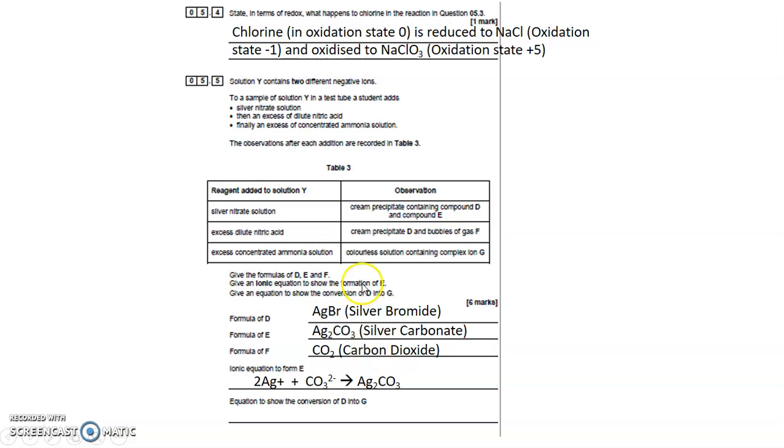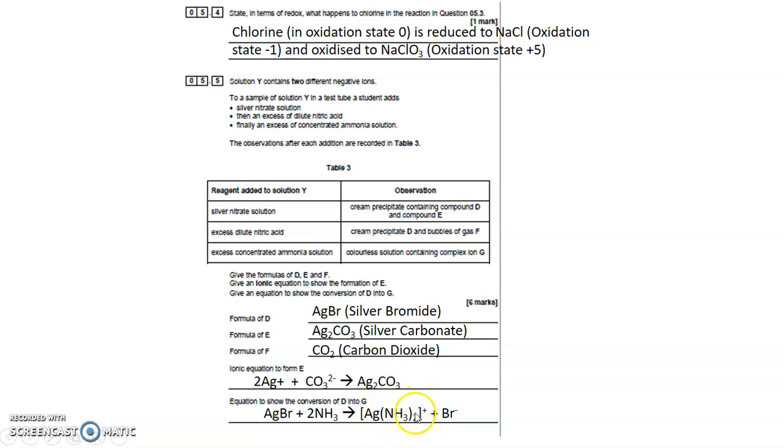Equations show the conversion of D into G. What's happening here? D is my cream precipitate, my silver bromide, reacting with ammonia solution. Ammonia is NH3 and it's formed a colourless solution. What silver does is it can gain two ligands, two NH3 ligands.